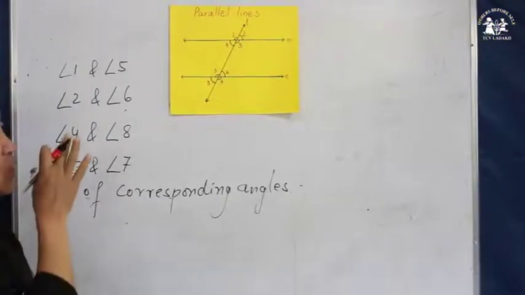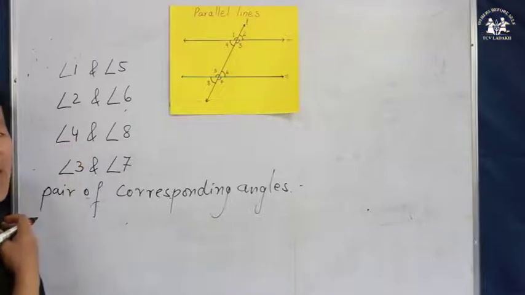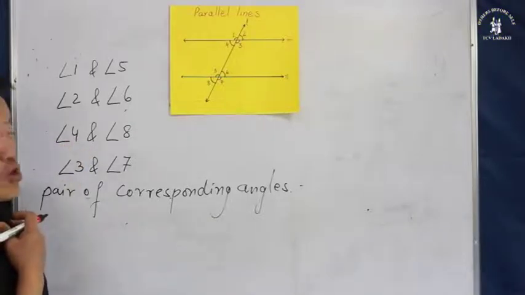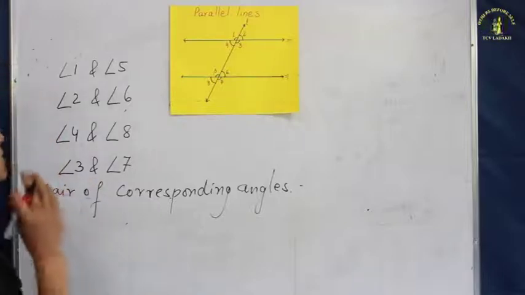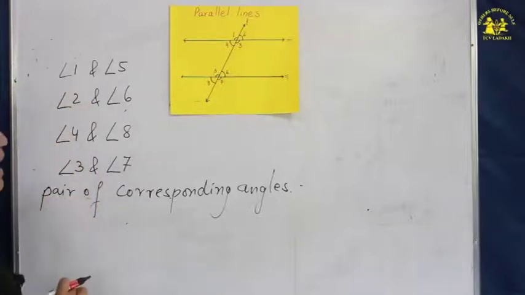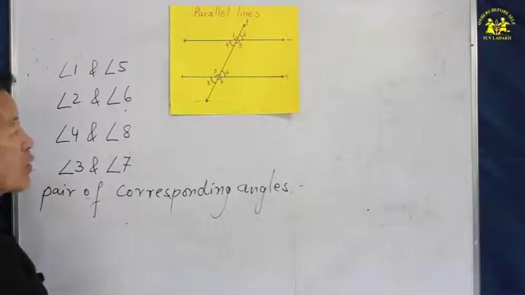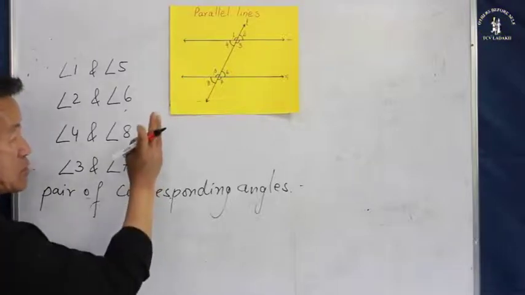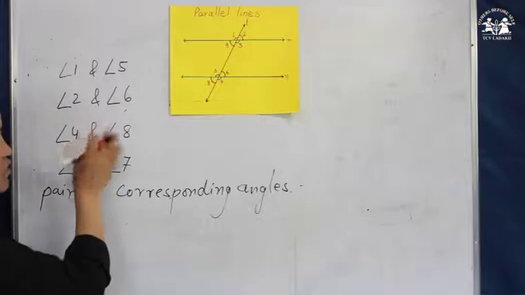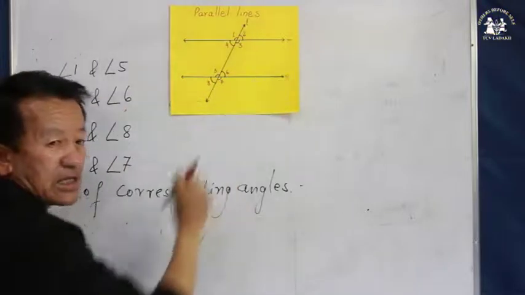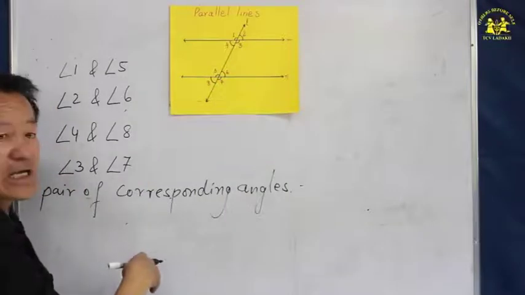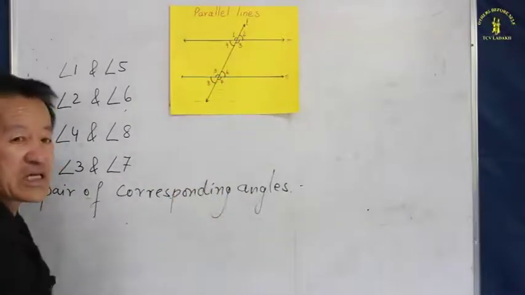If you closely look at these pairs of angles, for example angle 1 and angle 5, you'll find one angle is on the first line and the second angle is on the second line.